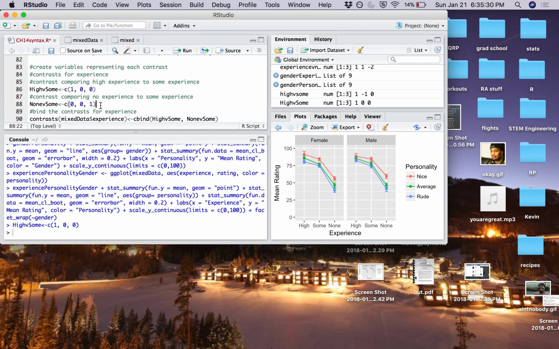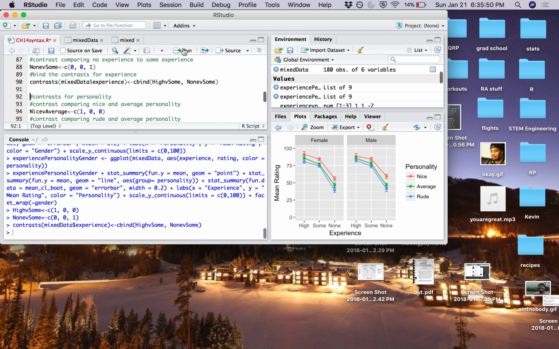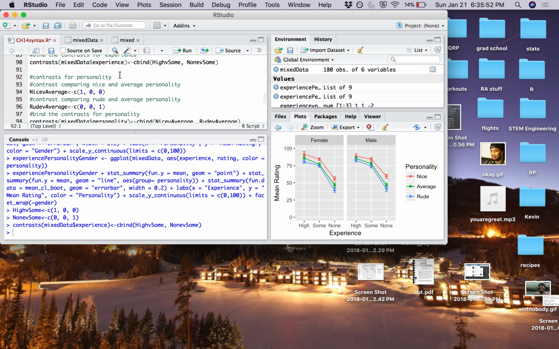And then contrast 2 compares the no experience to some experience. So this is our neutral group. That's indicating for high, and that's indicating for none. So then we will bind these for experience, and then we're going to do the same thing for personality.